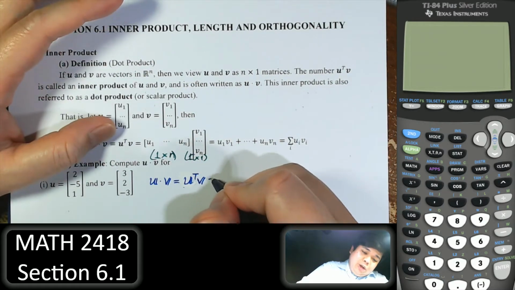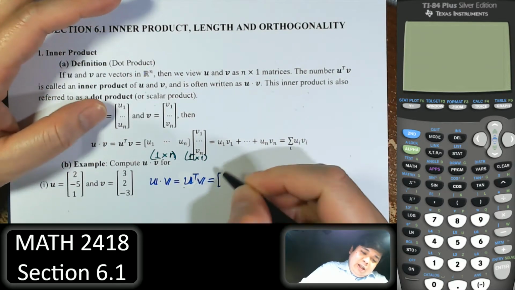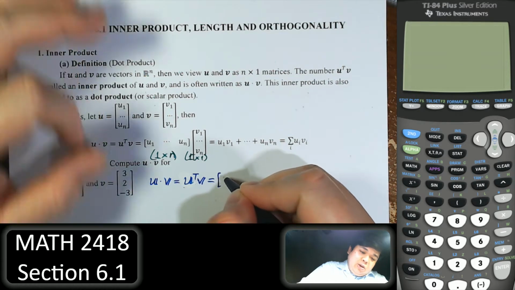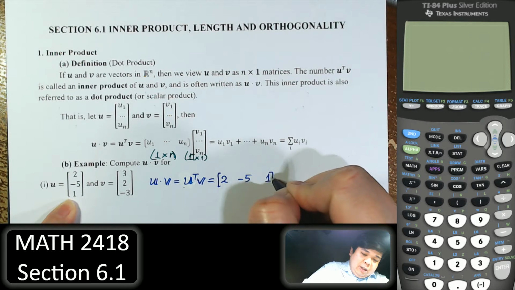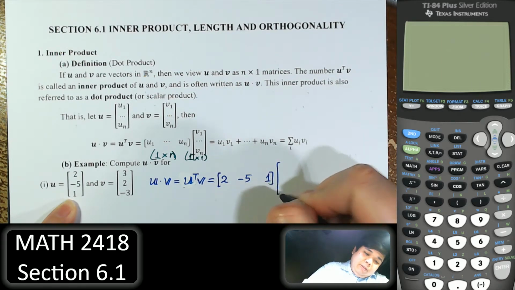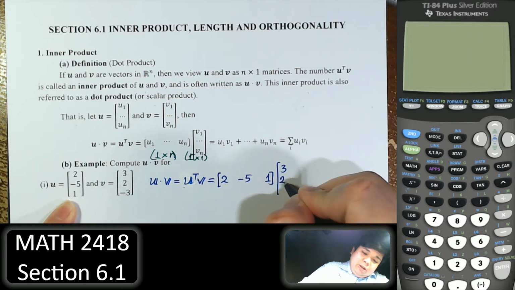So this is u transpose v: 2, -5, and 1 times 3, 2, -3.